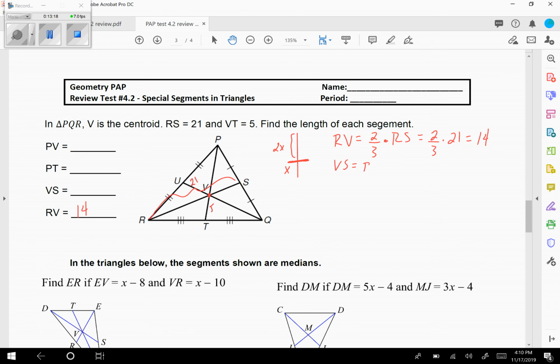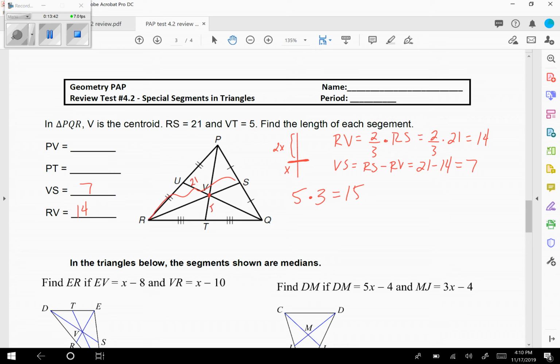And so then think about it. VS is RS minus RV. So 21 minus 14. So it's 7. Okay, and then now PT. PT is the whole thing. And we have the small part. So just take the small part, 5, and you multiply it by 3. And that gives you the whole thing.